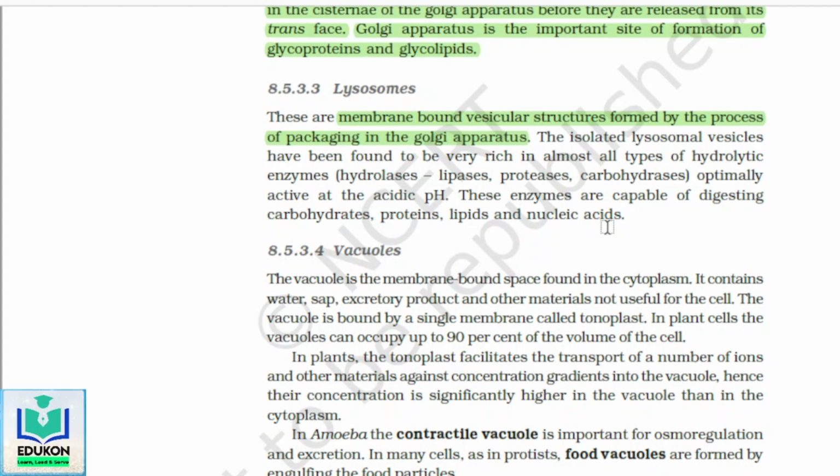The isolated lysosomal vesicles have been found to be very rich in almost all types of hydrolytic enzymes. So, what are the hydrolytic enzymes? Hydrolysis means lipases, proteases, and carbohydrases, which are optimally active at acidic pH.